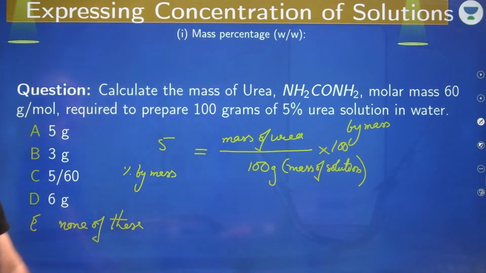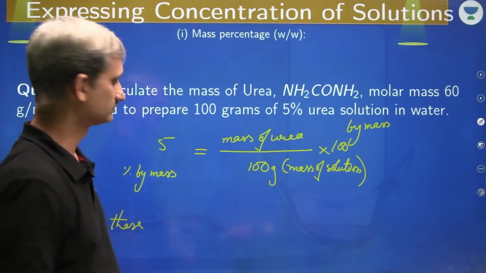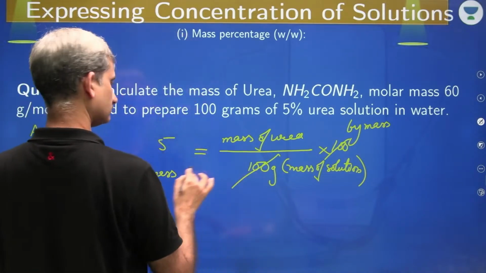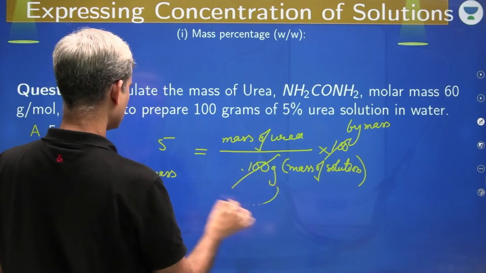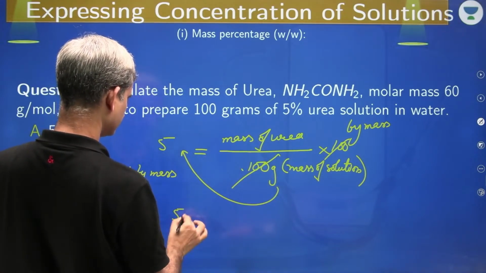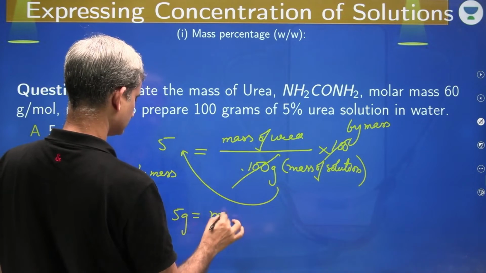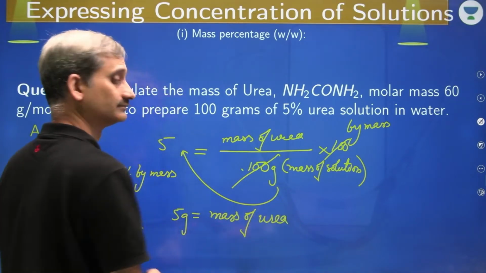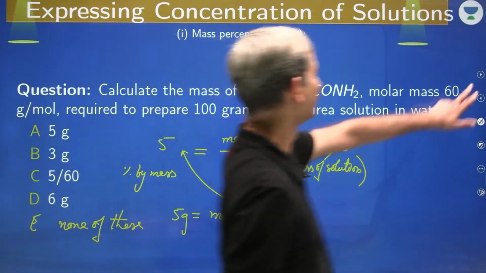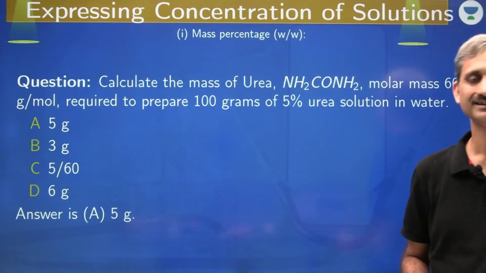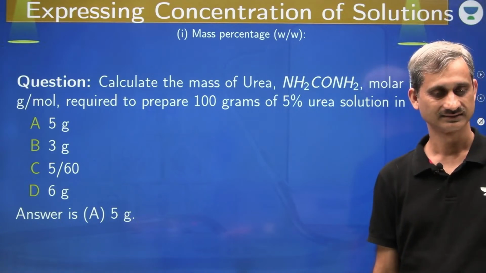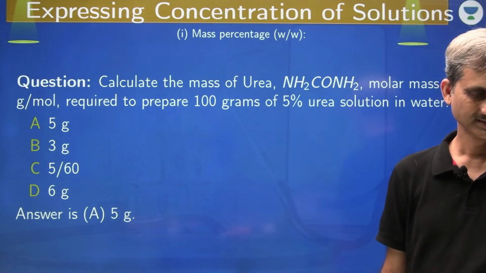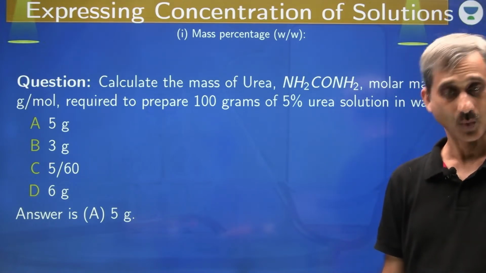So what is the mass of urea? The answer was A. Why was it A?